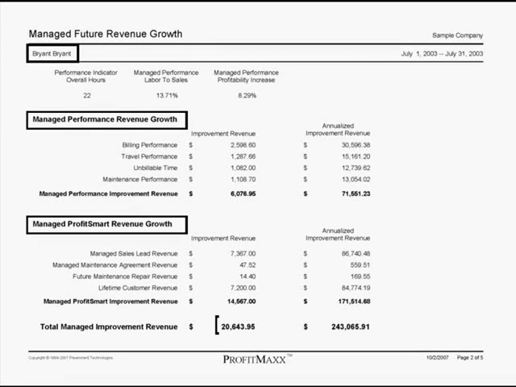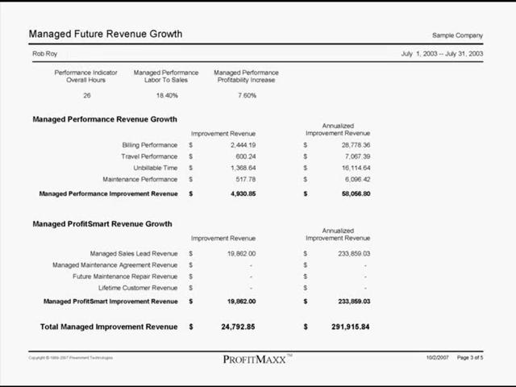Our total managed improvement revenue for both areas, the managed performance and the managed ProfitSmart growth, for this month alone for Bryant is $20,643, and over the course of a year, that's going to total out to $243,065. Again, some serious numbers here.